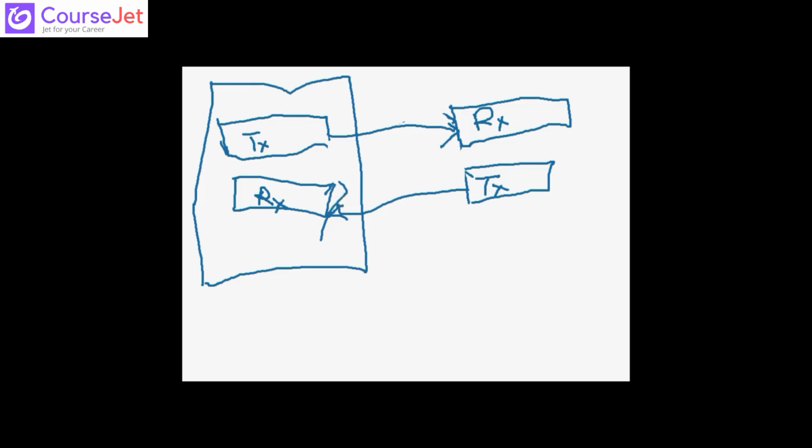Again, in this there is one more parameter: whether it is an asynchronous mode of communication or synchronous mode of communication. We will see both, but as of now we will be using UART.